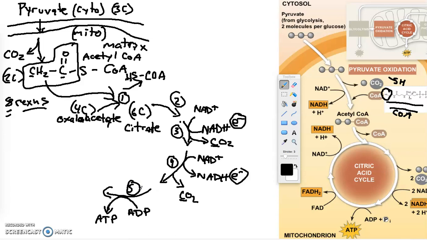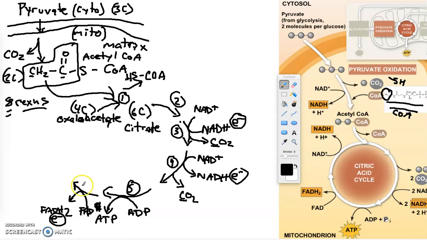And that's our reaction number 5. Number 6, what we're going to see is a molecule that's similar to NADH, but it's actually FAD, and FAD is going to be reduced to form FADH2. And again, that's another electron carrier.